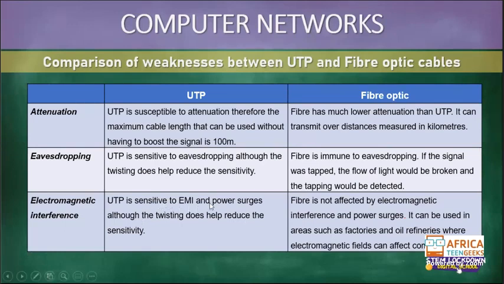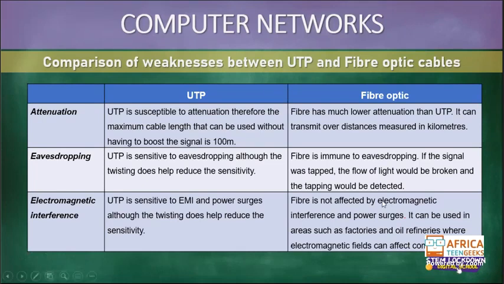UTP is sensitive to EMI, that is electromagnetic interference, and power surges, although the twisting does help reduce the sensitivity. Then fiber optics is not affected by electromagnetic interference or power surges. It can be used in areas such as factories, oil refineries, where electromagnetic fields can affect communication.